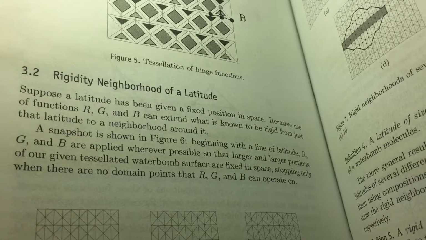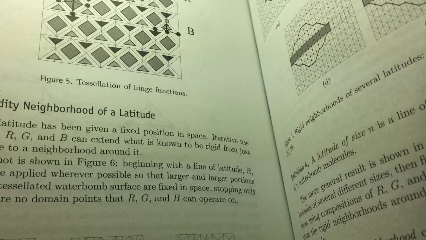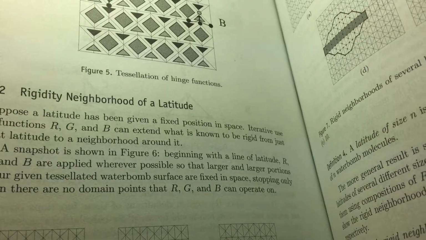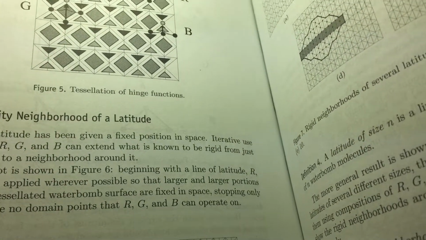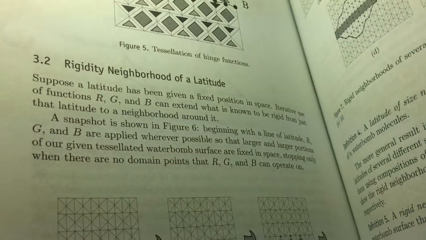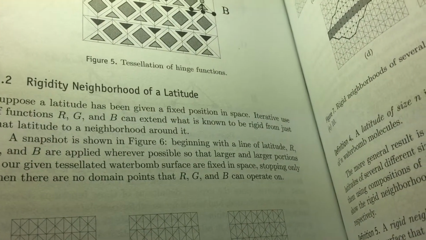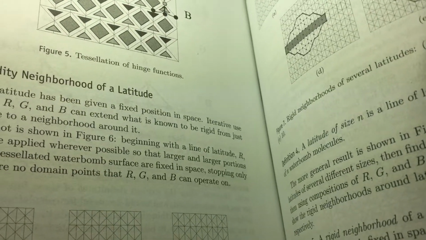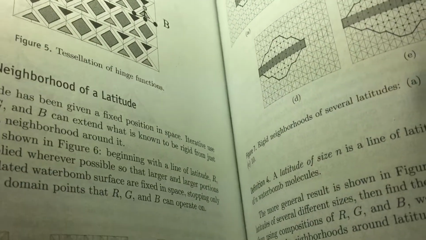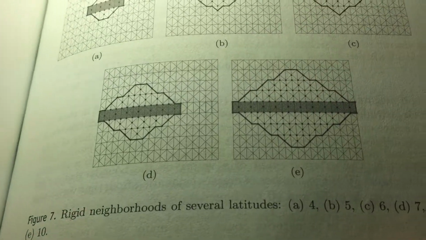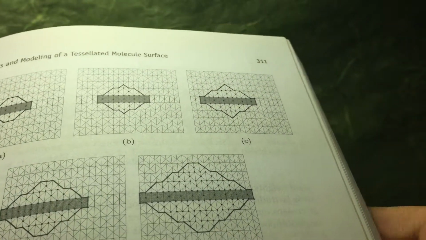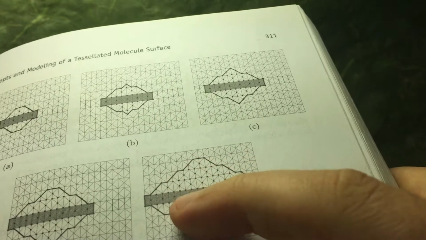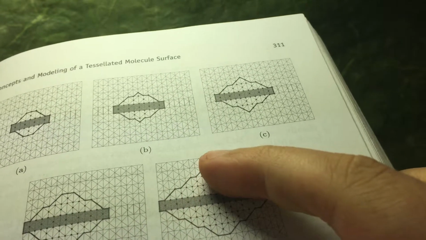R, G, and B are applied wherever possible so that larger and larger portions of our given tessellated waterbomb surface are fixed in space, stopping only when there are no domain points that R, G, and B can operate on. That is another geometric concept, and it shows that there's a stopping point at the top.